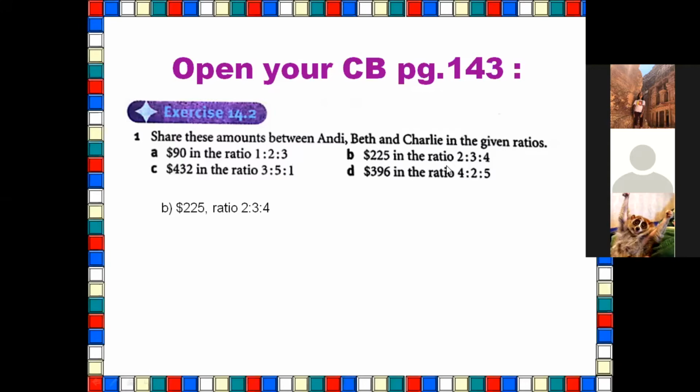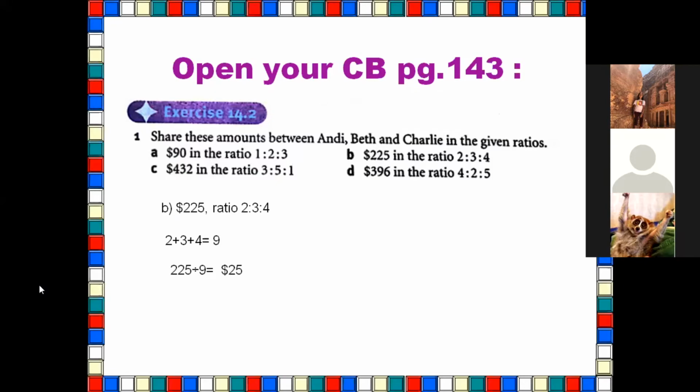According to the steps, you should first find the total of the ratios. 2 plus 3 plus 4, 9. Step 2 says divide the quantity of the question, which is 225, by the total that you got. So $225 divided by 9, we got $25. So $25 for each part.